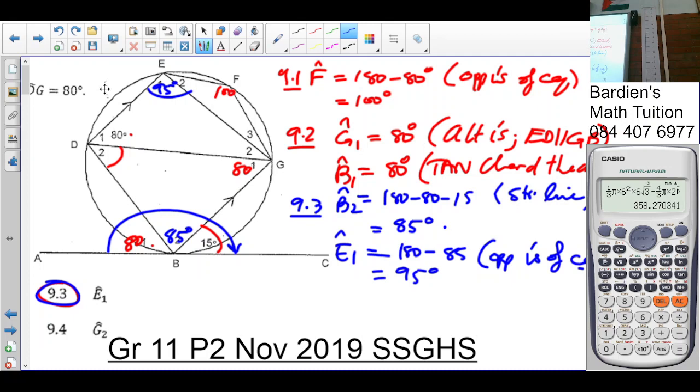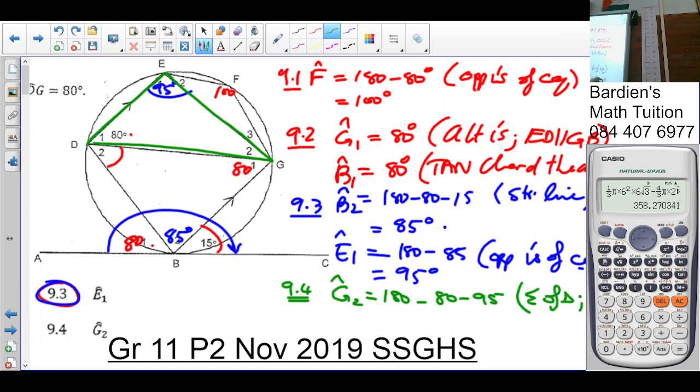And now we go to the next question. The next question says G2. Simple. How are you going to calculate G2? Sum of triangles. Not so? So angle G2 is equal to 180 minus 80 minus 95. Why? Sum of triangles in this triangle DEG.